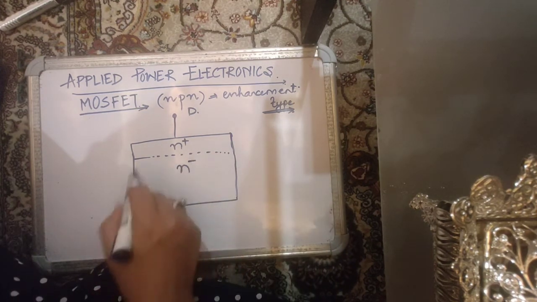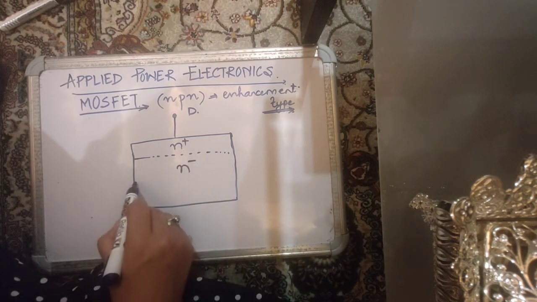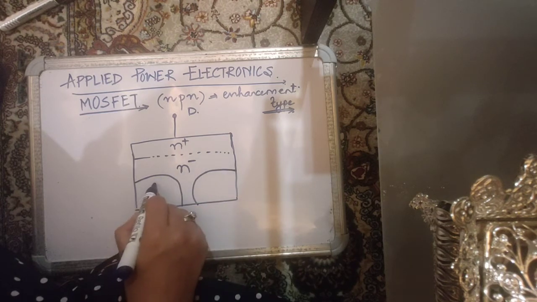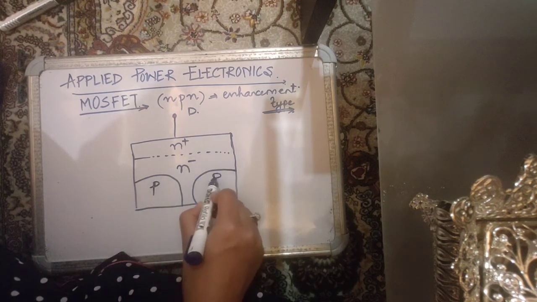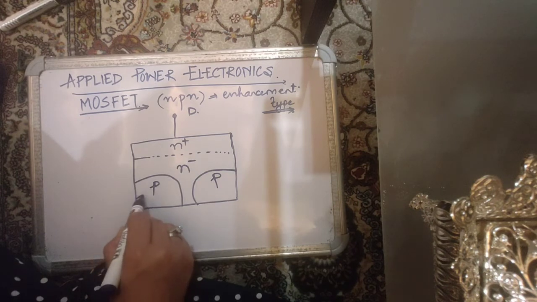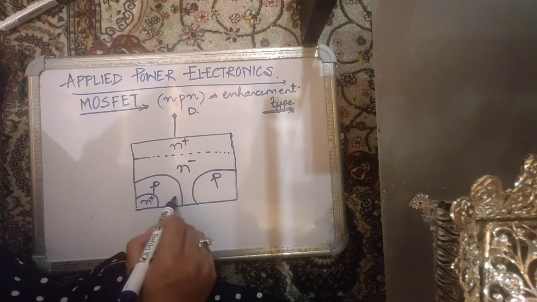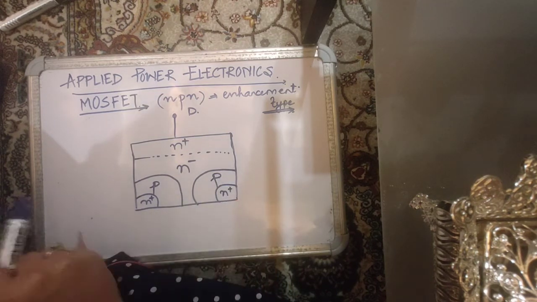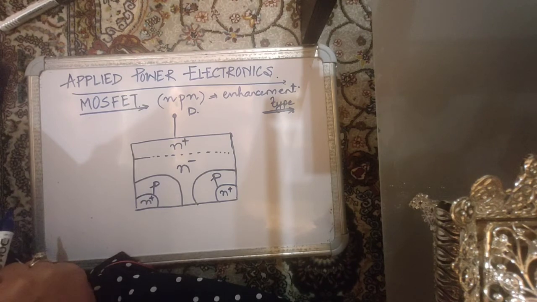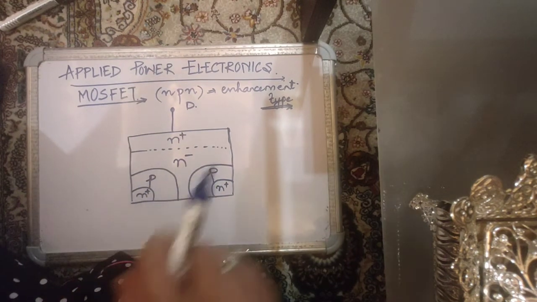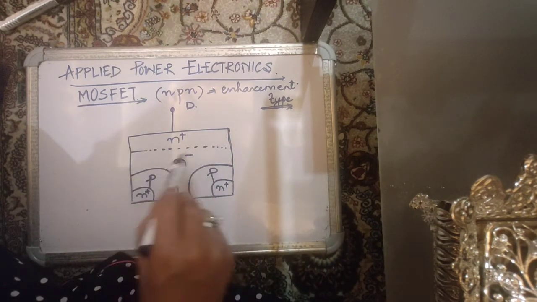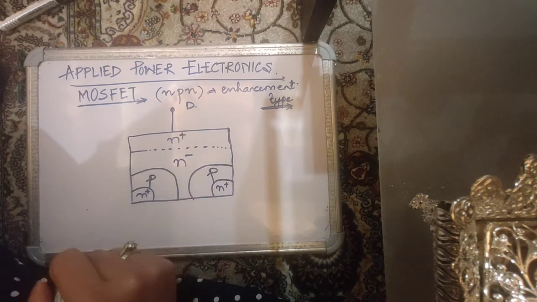On this N minus region, we have some P regions doped, and then there are again highly doped N regions somewhere here, like this. So it is again an NPN structure, but some structural modifications are done to enhance the current carrying capability.